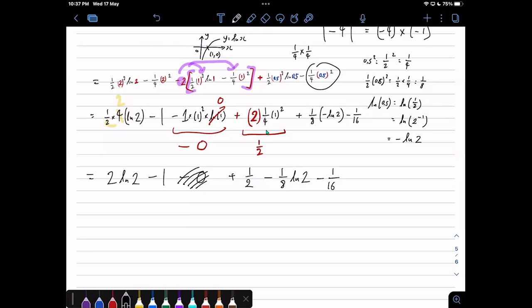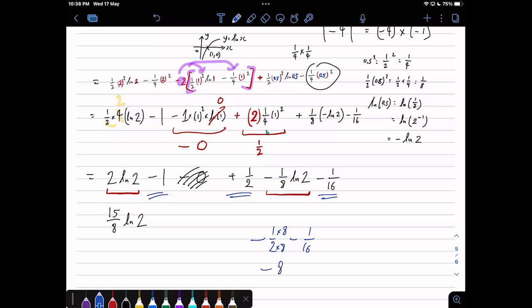Okay, good. Now combine like terms. Treat ln 2 as an exact value. So 2 ln 2 minus 1/8 ln 2. 2 minus 1/8 is, let's see, 16/8 minus 1/8, 15/8 ln 2. Then after that, you got minus 1 plus half minus 1/16. Minus 1 plus half is minus half, minus 1/16. This one can times 8.